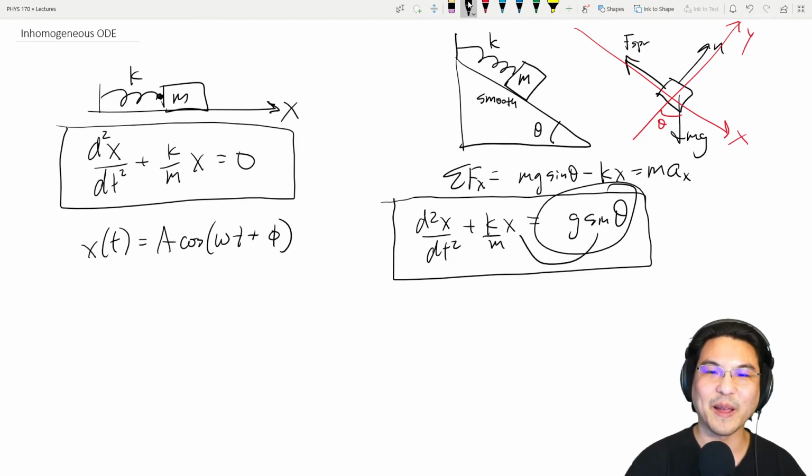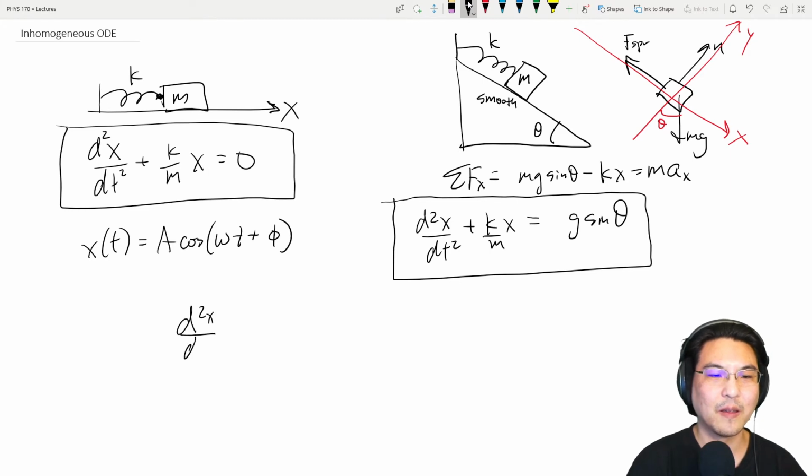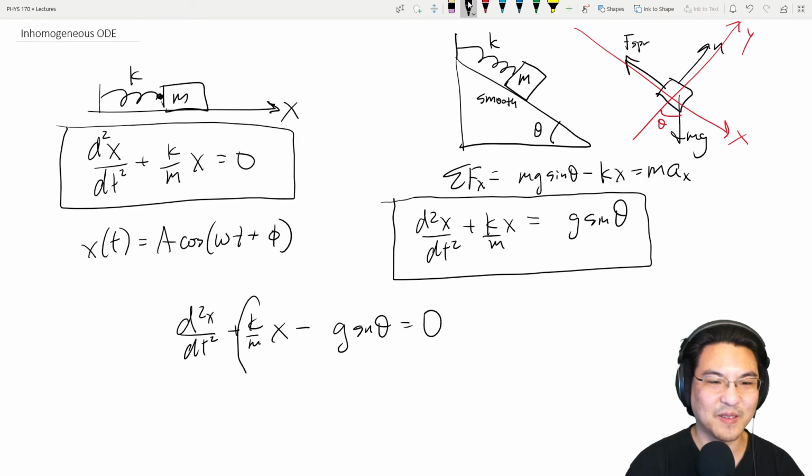Let's move this back on this side of the equation. So I'll start writing over here. Okay, so I'll move this on the other side, so on this side. Okay, and you see how this is k over m? I'm gonna write it like this.